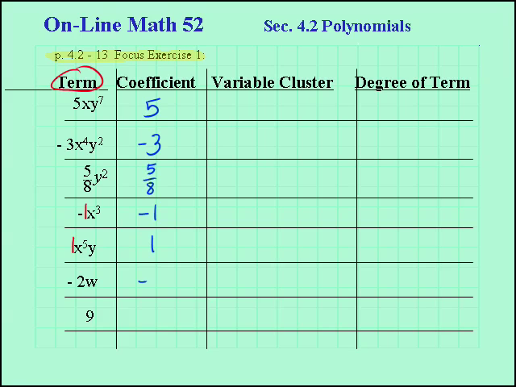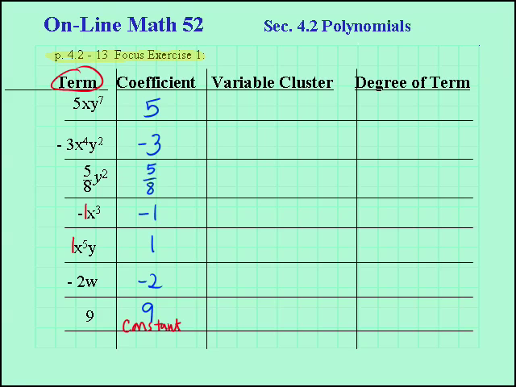Here the coefficient is -2, and this last one is a strange one, and I don't mean to scare you with this. It's 9. But it's not really a coefficient in the same sense. This is really more of a constant.